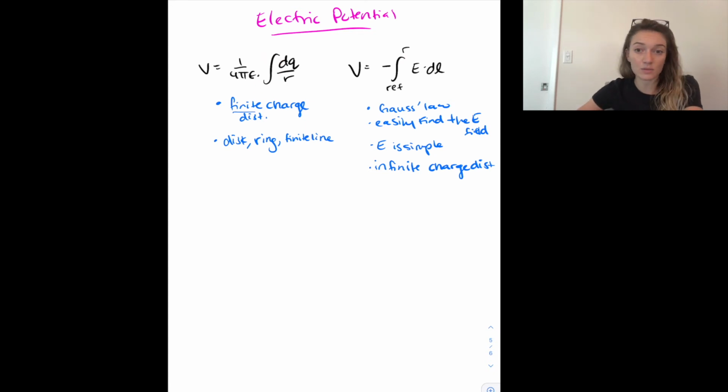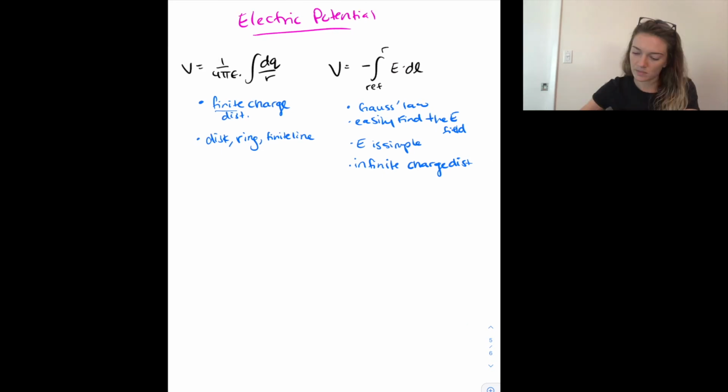As I said, it would give you a nonsensical answer. And you can also quickly and easily find the electric field of an infinite line or an infinite cylinder by just applying Gauss's law. Then your integral would be very easy to solve. You would just have a 1 over r basically, and that would just give you that natural logarithm.